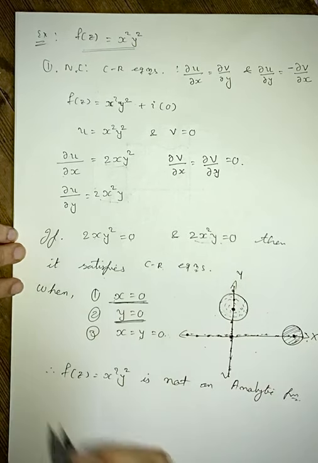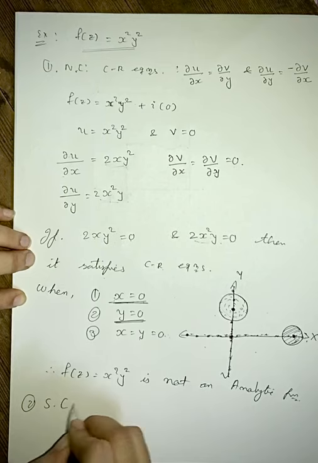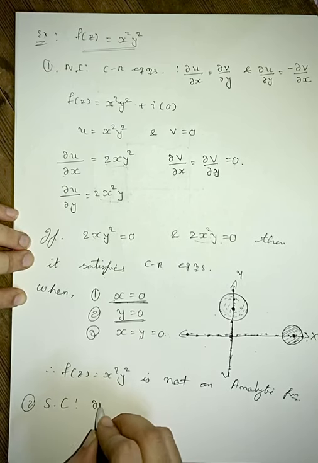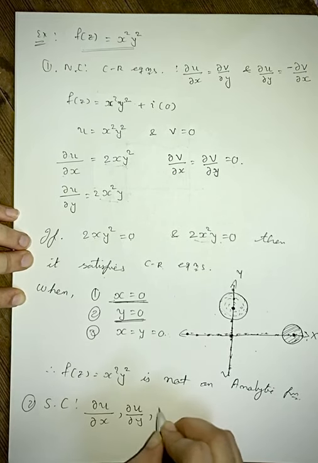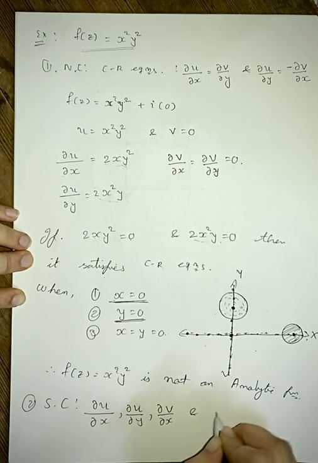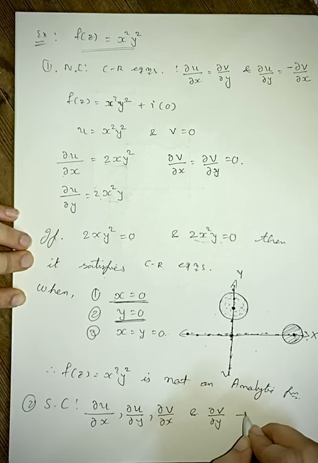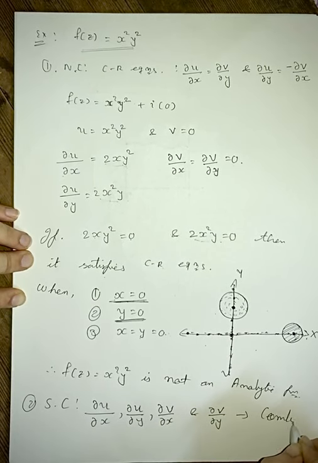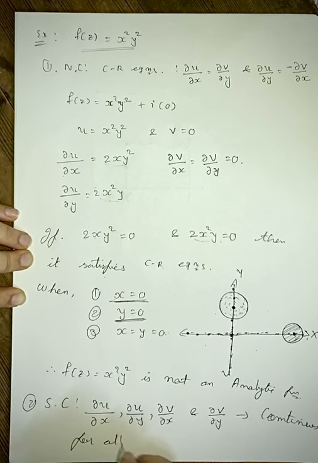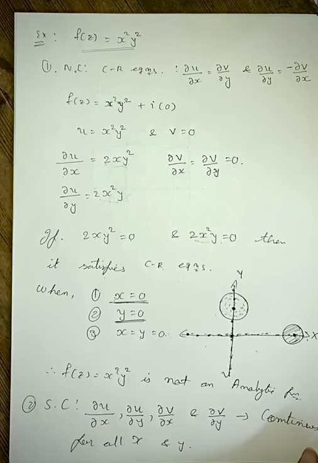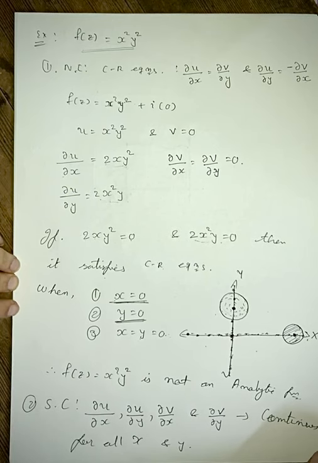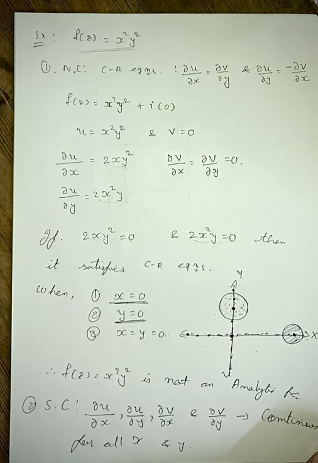We will be following the second condition, the sufficient condition, in which we said that del u by del x, del u by del y, del v by del x and del v by del y should all be continuous for all x and y. If this is true, then the function will be analytic, otherwise it will not be an analytic function.